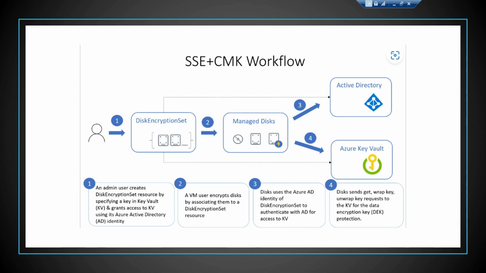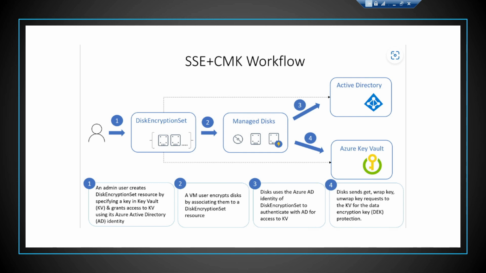So when it is created, the managed disk will contact the Active Directory and ask for authentication and authorization. Managed disk will actually use the user assigned identity of the disk encryption set, which is stored in Active Directory. Okay, so managed disk is using that identity for authentication and authorization.